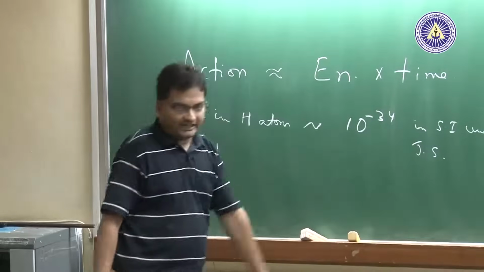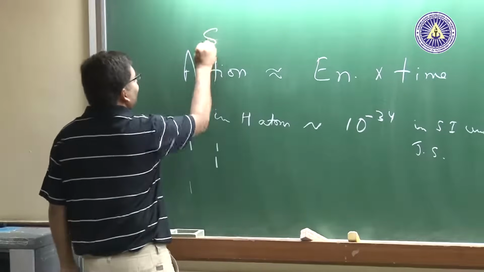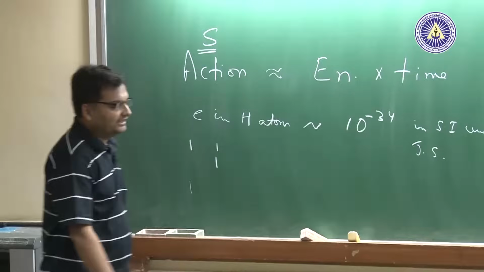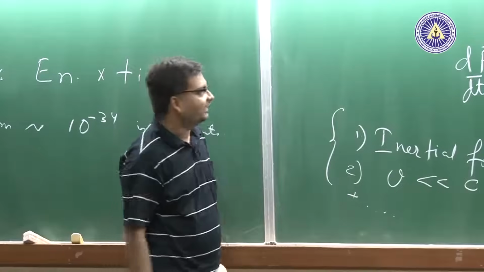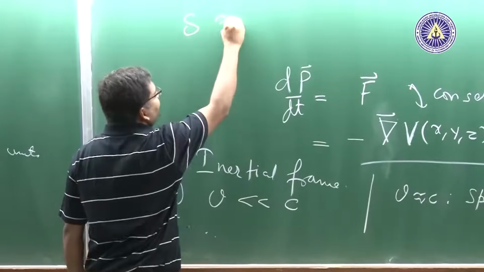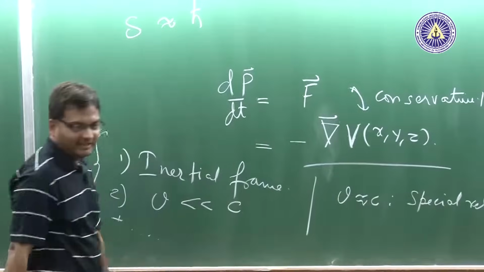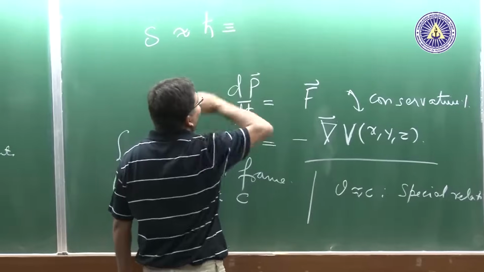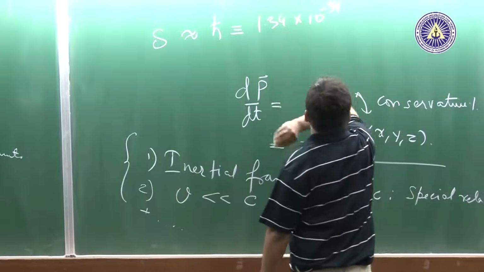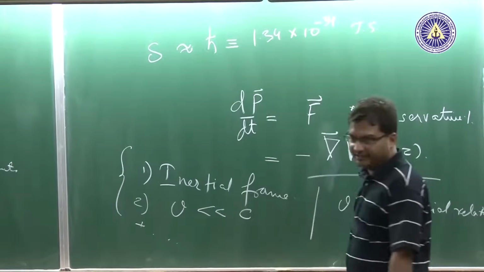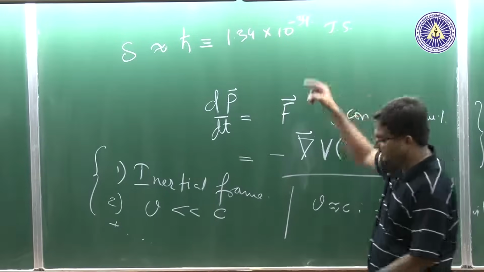And that system is definitely quantum mechanical. So let me prescribe: the action I will call S. Whenever you have a system whose action, energy into time, I can define S, which is of the order of what is called Planck's constant, h bar, which is equal to 1.34 into 10 to the power minus 34 joules second, then the system is quantum mechanical.